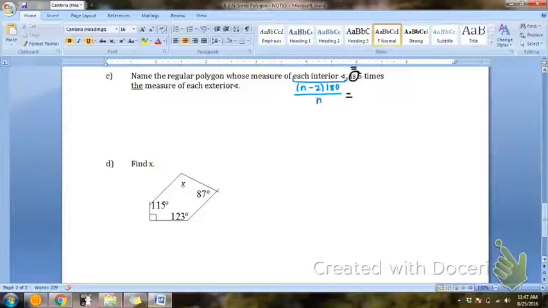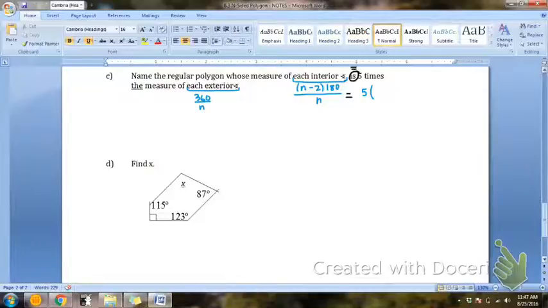5 times the measure of each exterior angle. So I'm going to multiply something by 5. How did we figure out how much each exterior angle is? What did we have to do? Look back if you need to. Each exterior angle is 360 divided by n.